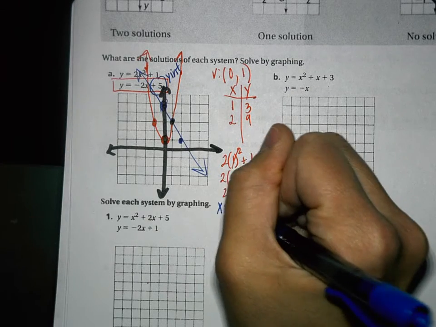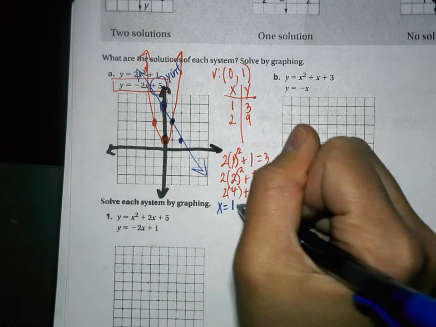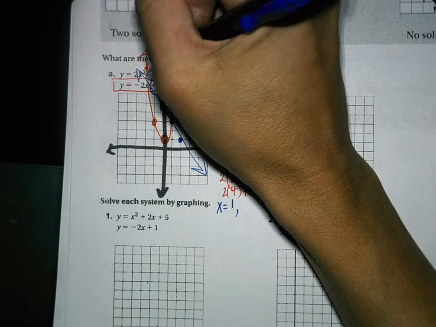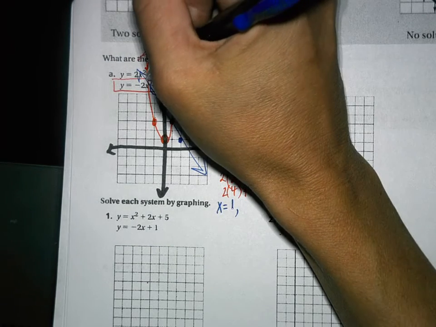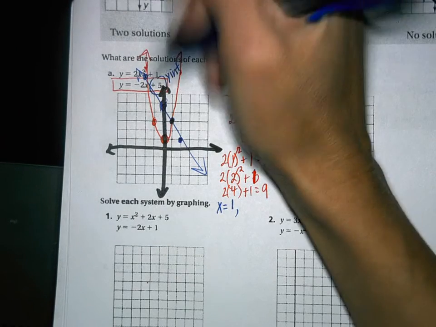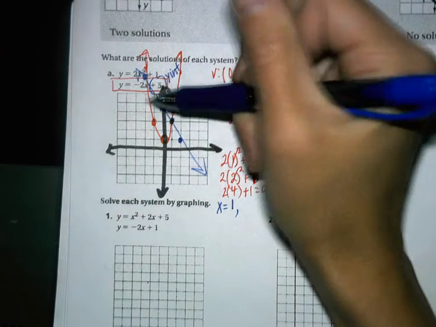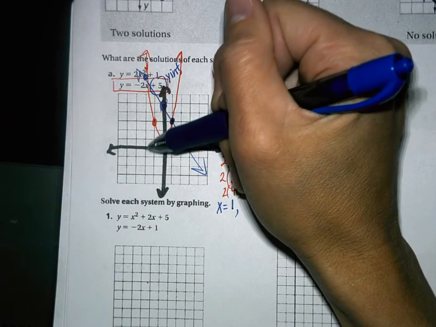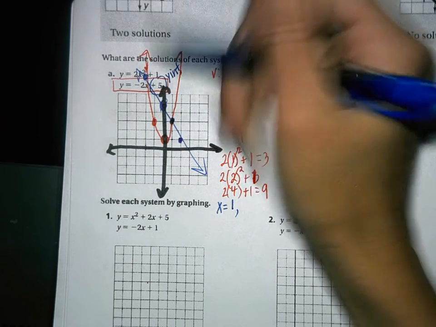1. So we have x equals 1. If you look over here, it's not exactly perfect to see, but it's intersecting up here too, and that x value is at -2.